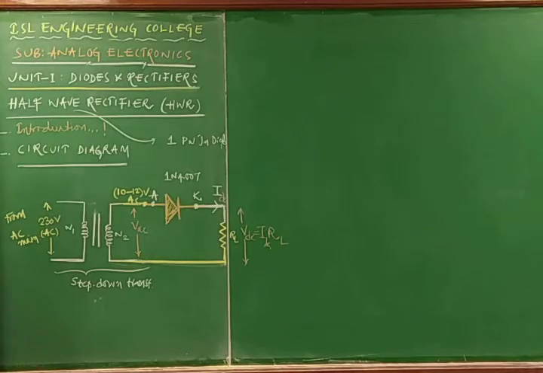This is the circuit diagram of the half wave rectifier without any filter. And in the circuit diagram we must explain each and every component. First is the step down transformer. The need for the step down transformer is very simple: it reduces the 230 volts to 10 to 12 volts of AC.